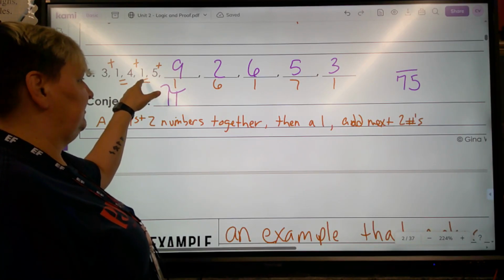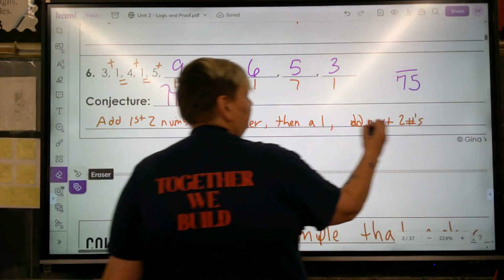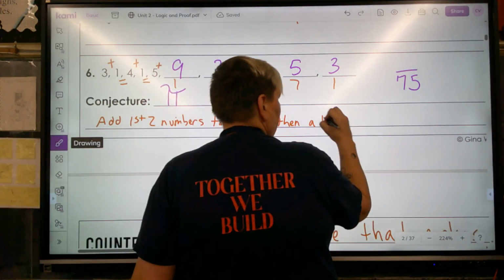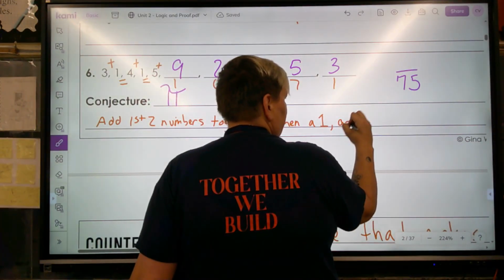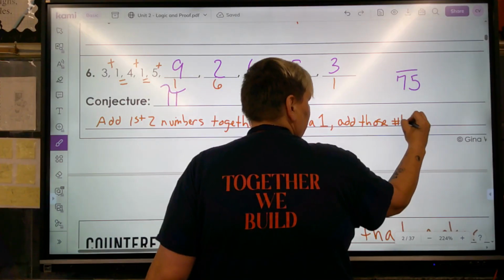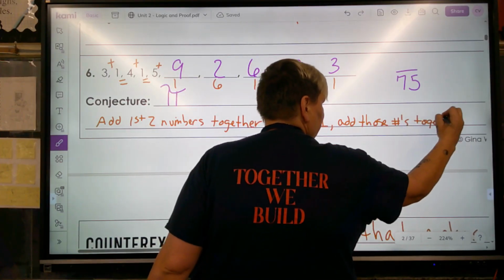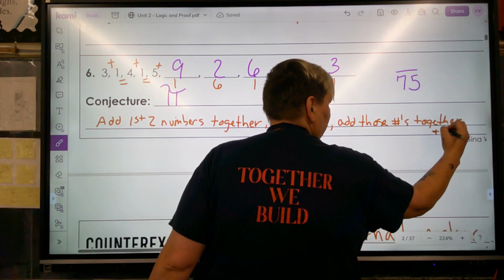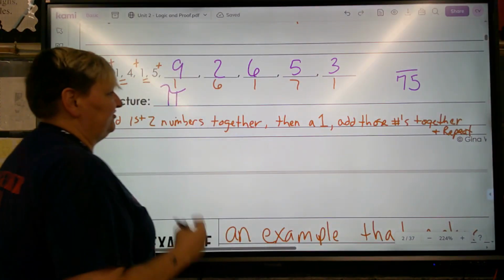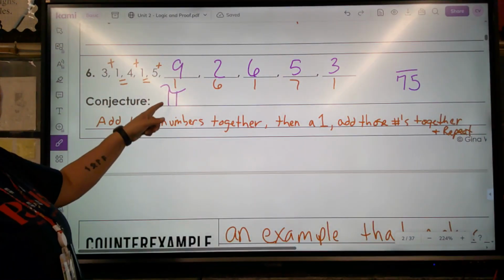Add those numbers together. Add those numbers together. And repeat. Getting more complicated. If it's hard to explain, try to find something that's easier.